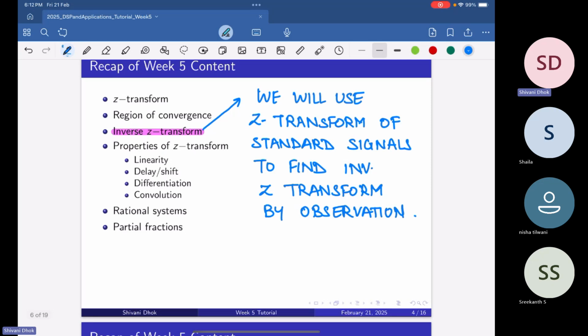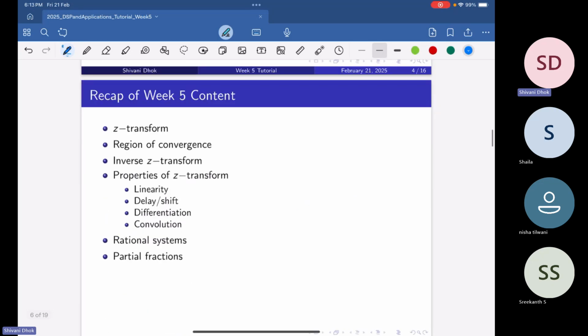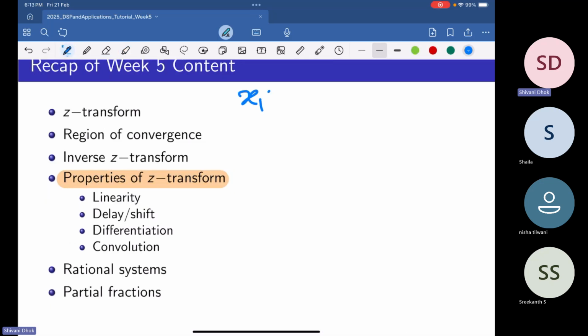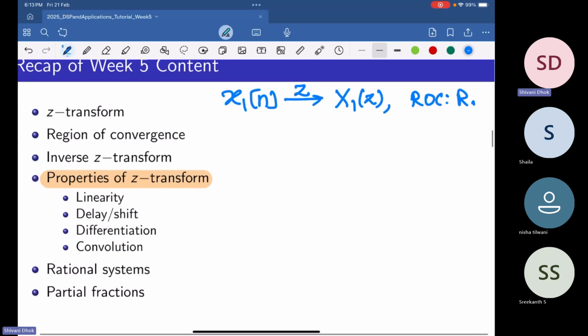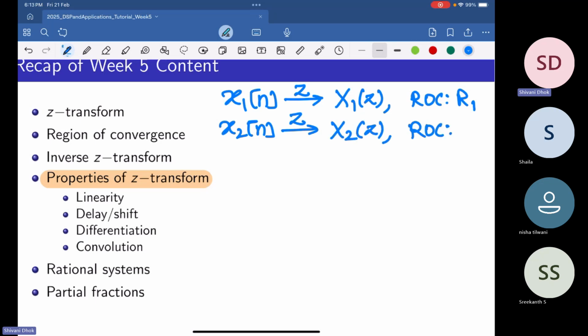Next important thing that we looked at was the properties of the Z transform. For this, let's say x1 of n is a signal with Z transform x1 of z with ROC R1, and x2 of n is another signal with Z transform x2 of z with ROC R2.